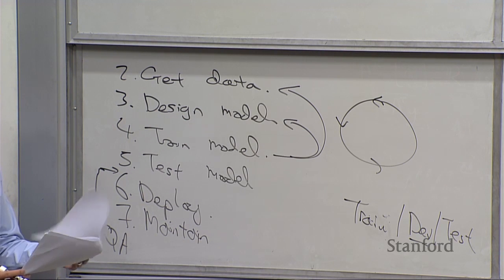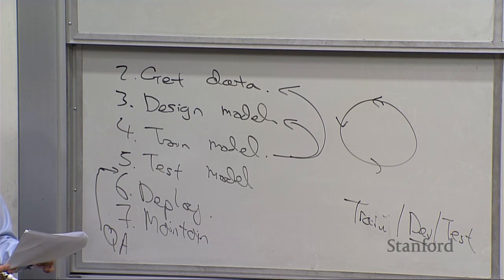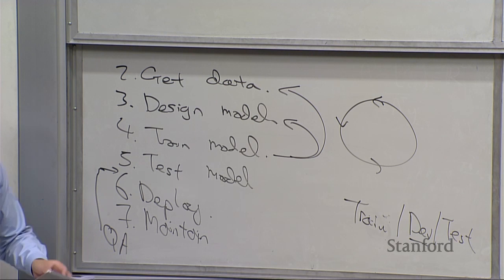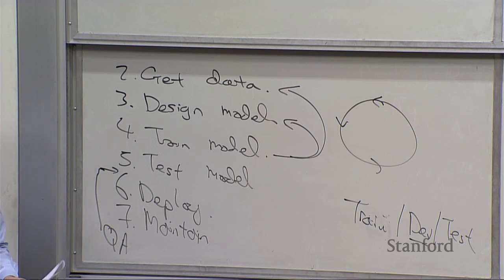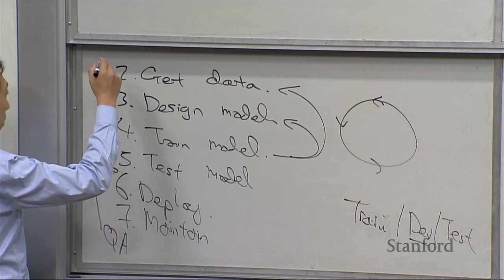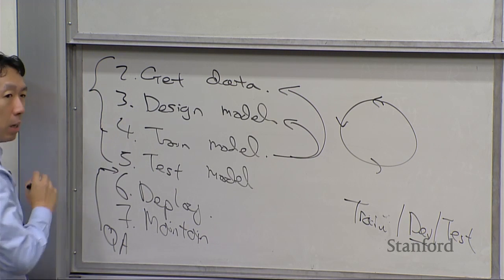Okay, so the first thing I want to do is ask you a question. We're going to talk through many of these steps. It turns out that what a lot of machine learning classes do, and do a good job teaching, is focusing on maybe these 3 steps or these 4 steps.